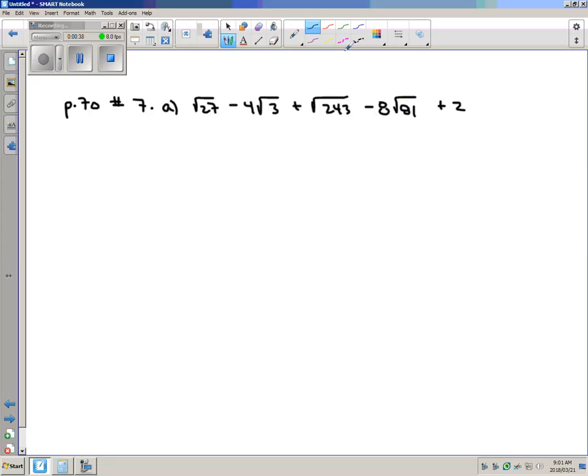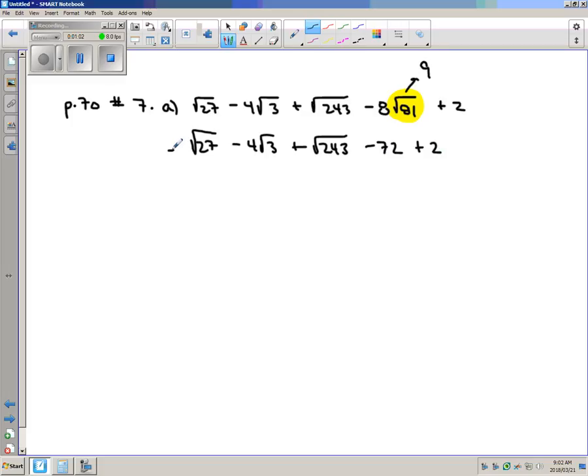Like this one here, root 81. Why would I write root 81 when I know that's just 9? So I'm going to rewrite this as root 27 minus 4 root 3 plus root 243, and then that's a 9, but don't forget it's multiplied by 8, which gives negative 72, plus 2.